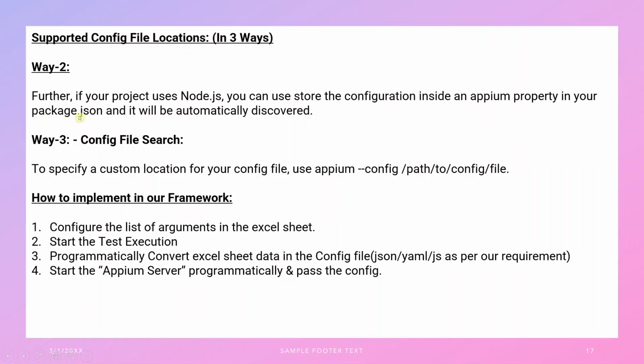Then when you start the Appium server, it automatically discovers our config file. The third one we have seen is providing the path of the config file by using the argument called --config. And we have seen how to implement this config file in our framework.